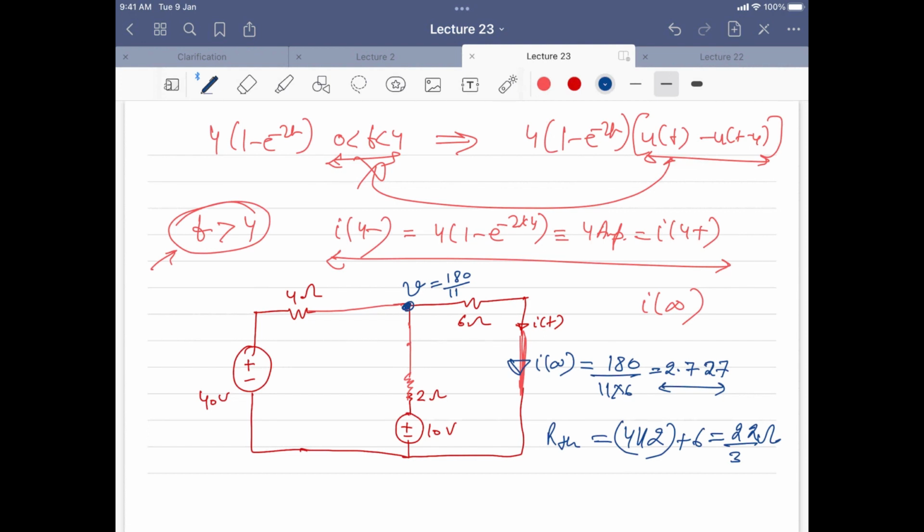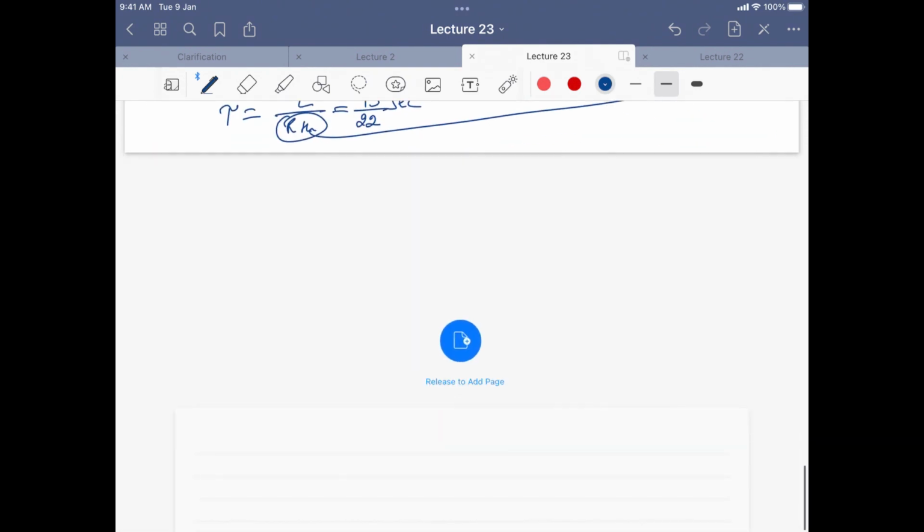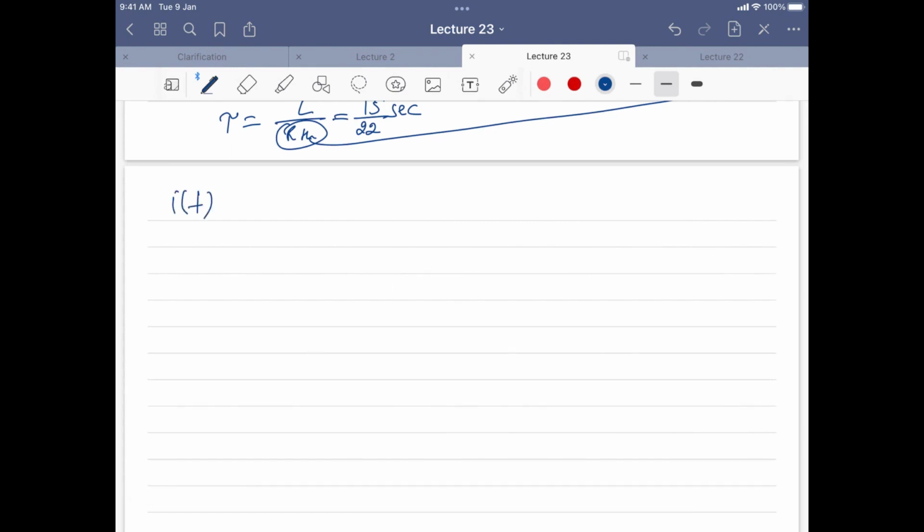So the corresponding tau you can calculate as L by RTH, and with RTH as 22 by 3, this comes out to be 15 by 22 seconds. So the current IT, you can write as I infinity plus I at 4 plus minus I infinity, and then e to the power minus t by tau.